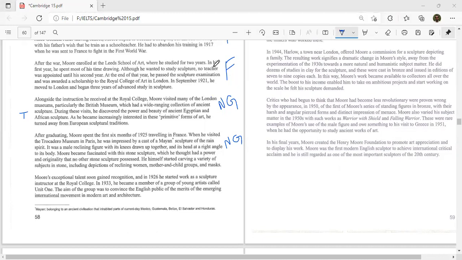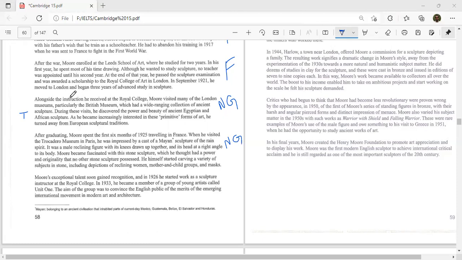He was impressed by a cast of Mayan sculpture of the rain spirit. It was a male reclining figure with its knees drawn up together and its head at a right angle to its body. Moore became fascinated with this stone sculpture, which he thought had a power and originality that no other stone sculpture possessed. This is false.